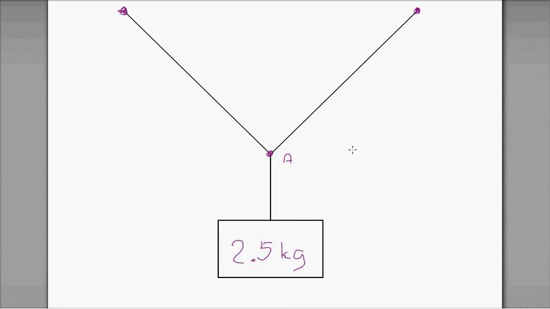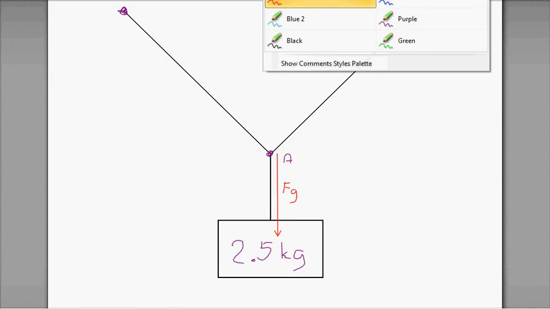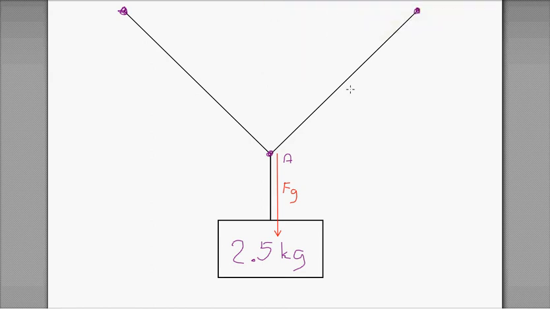Now, we have a force of gravity on point A by this weight that pulls it down. We have an Fg. But at point A, it's stationary. It's at equilibrium, so it doesn't move. It's got some other forces acting on it.